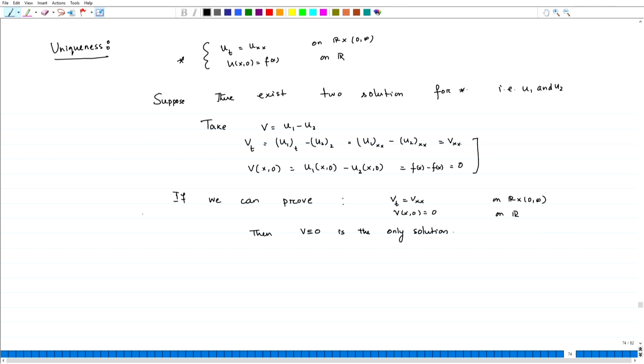If we can prove this, then we are able to show the uniqueness of the heat equation. So, that is what we will now prove.